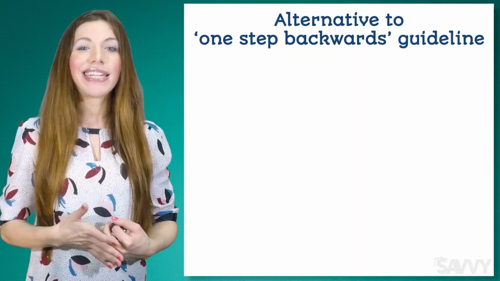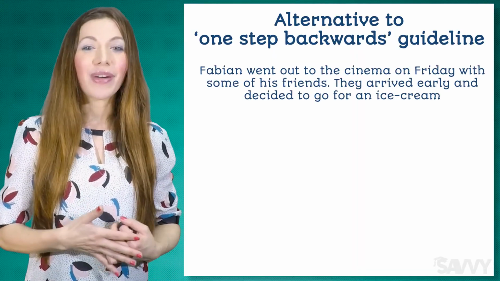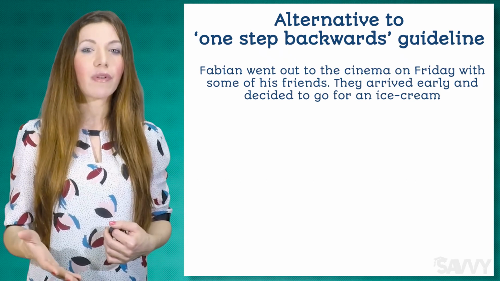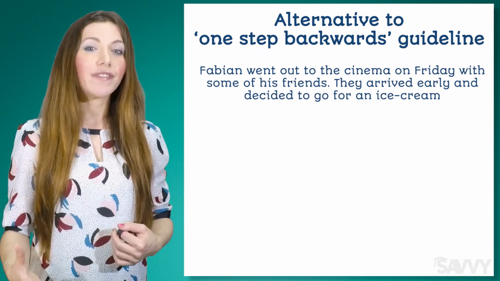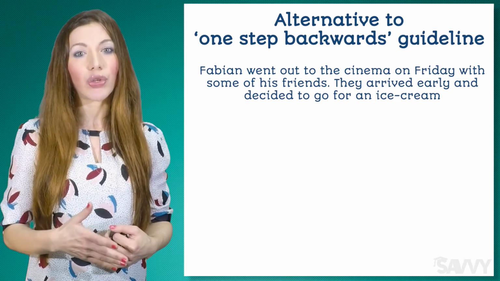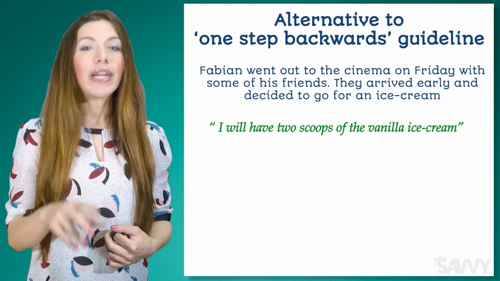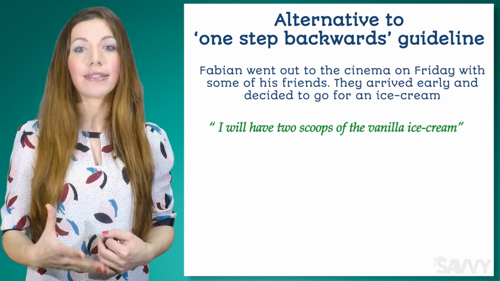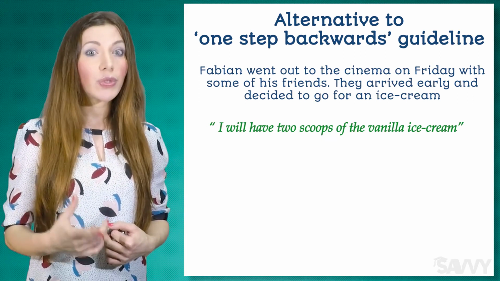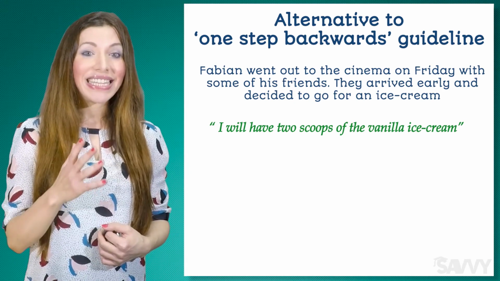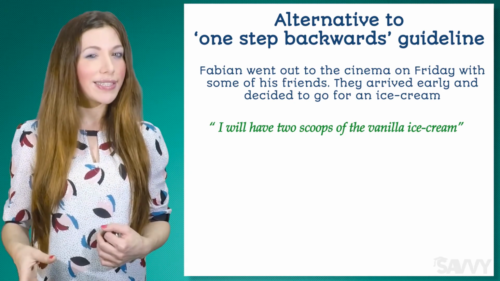So if the one-step backwards guideline is a bit confusing to you, you can try to look at it in a different way. Maybe it helps you more. Let's imagine that Fabian went out to the cinema yesterday with some of his friends. They arrived early, and so they decided to go for an ice cream. And Fabian said, "I will have 2 scoops of the vanilla ice cream." This is what you need to think about. Yesterday was Friday. Today is Saturday.